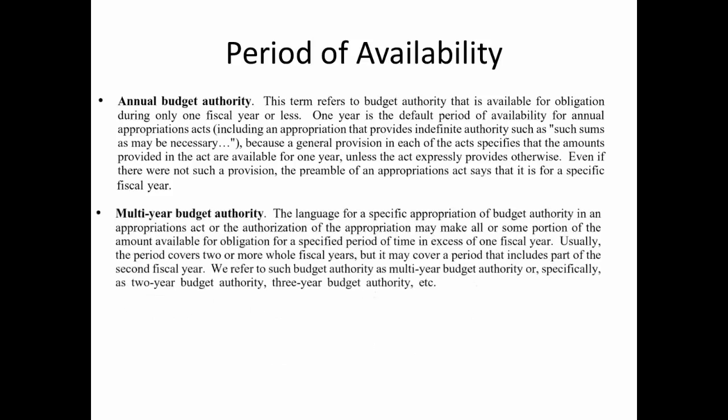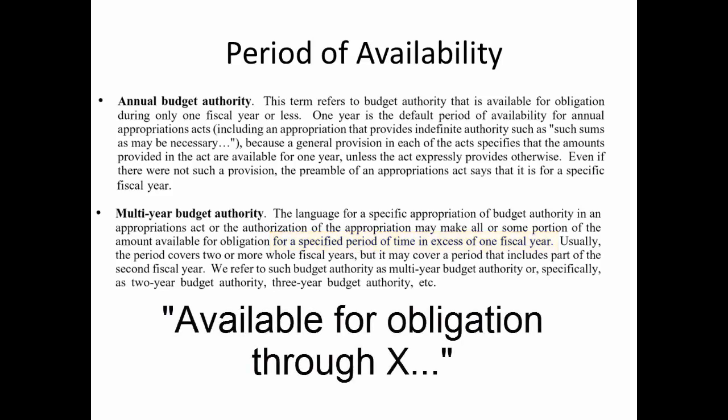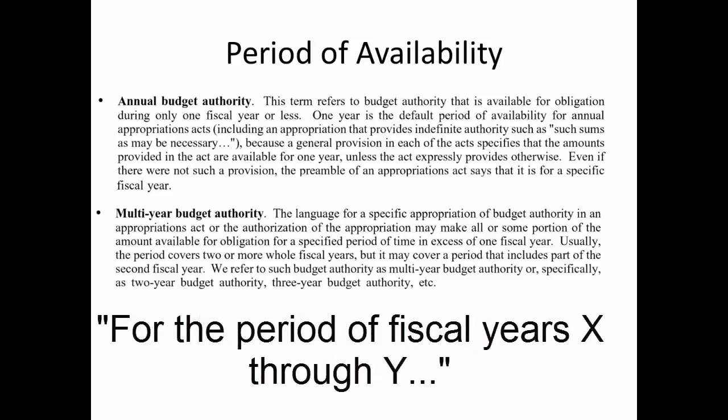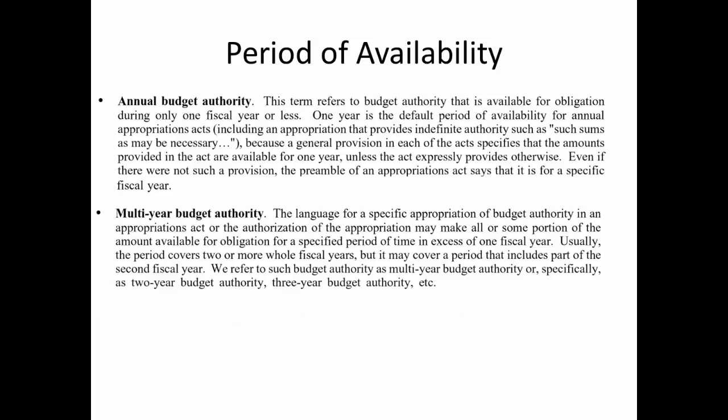Multi-year budget authority is authority that's available for obligation for a specified time in excess of 1 year. The phrases "available for obligation through a particular date," "available for obligation until a particular date," and "for the period of fiscal years X through Y" are typical for a multi-year period of availability.